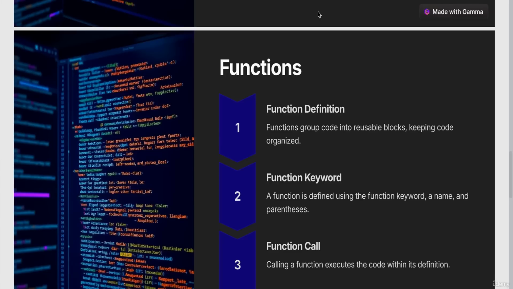To create a function in JavaScript, we use the function keyword followed by a name and parentheses. Functions are designed to do a specific job, and you can customize that job with parameters.